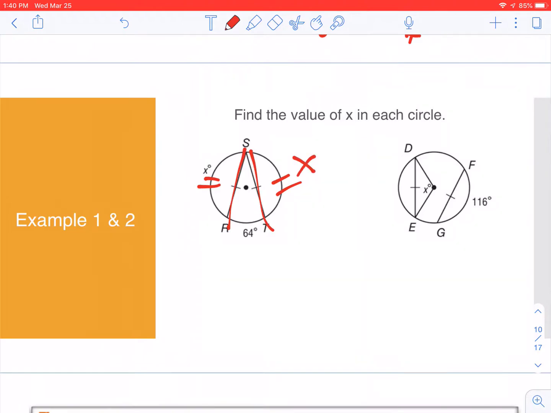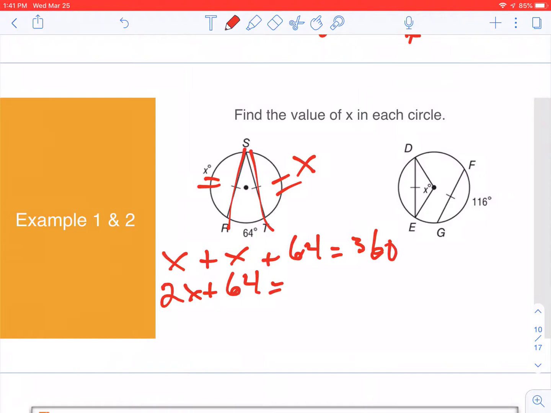We'll call this x because it's the same as that x. What do all three of these add up to? They all add up to 360. 2x plus 64 equals 360.